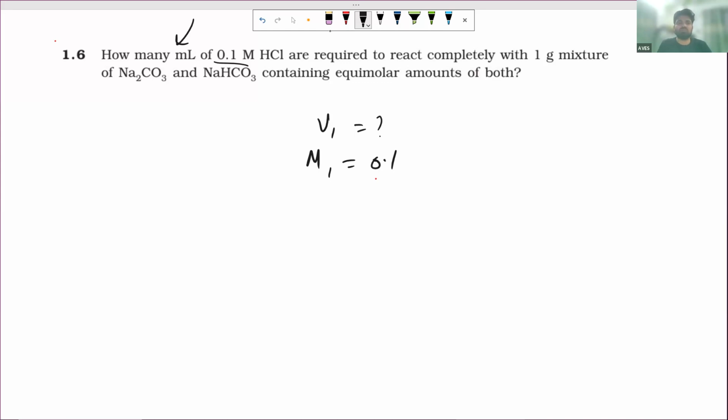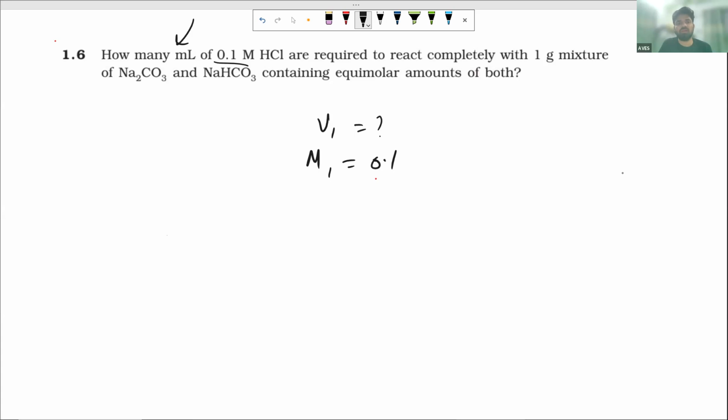Yes, sir. So you know that if I'm having 1 gram, there is a mixture and that is containing how many millimoles of 0.03 HCl is being required to react completely with 1 gram of Na2CO3 and NaHCO3 containing equimolar amounts, meaning both are containing equimolar amounts of this one.